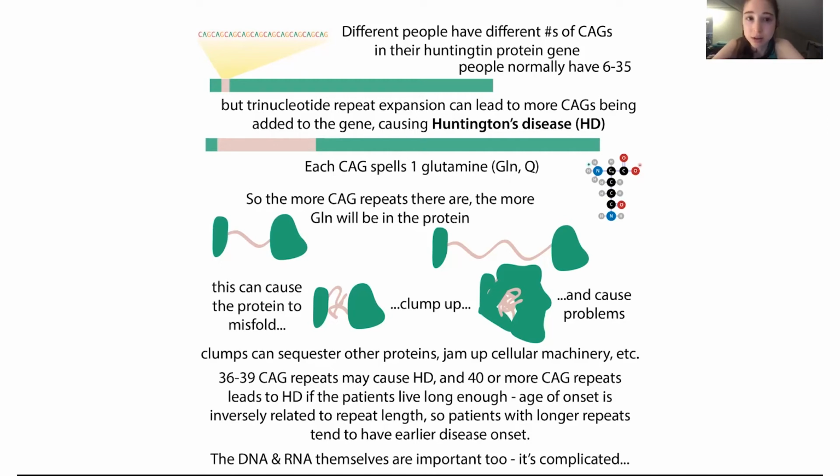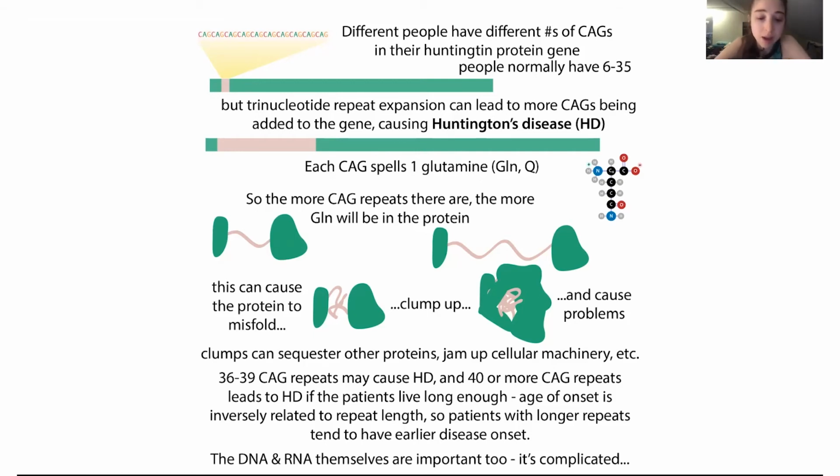There's also this thing called somatic expansion. In addition to this happening when the DNA is being copied, brain cells live for a really long time without dividing, but you can still have this tract expanding in the cells over their lifetime, for example if there is a problem and they're trying to repair the DNA.